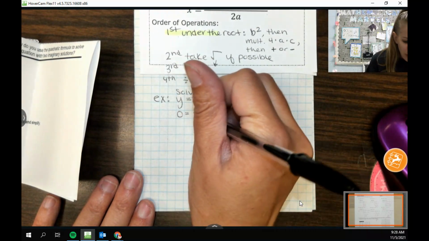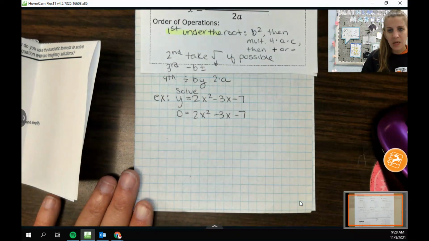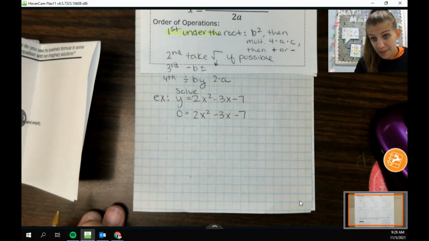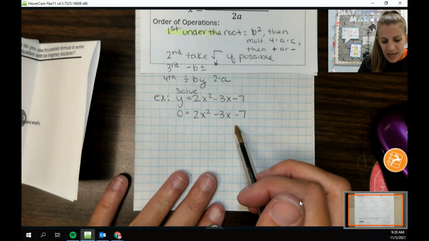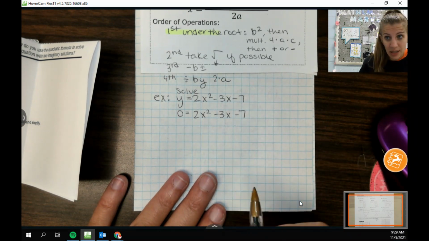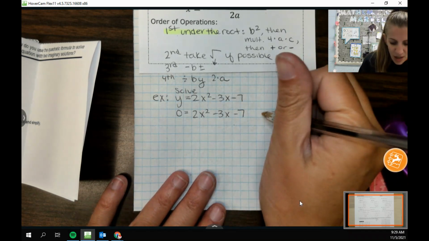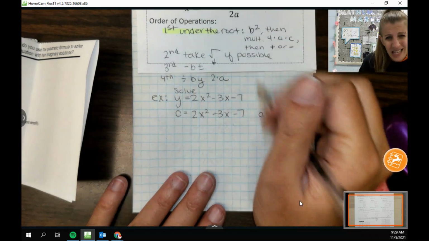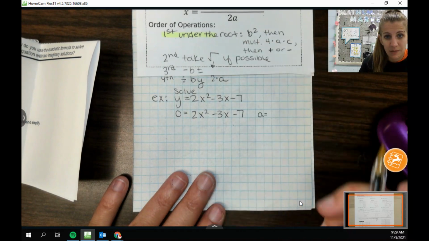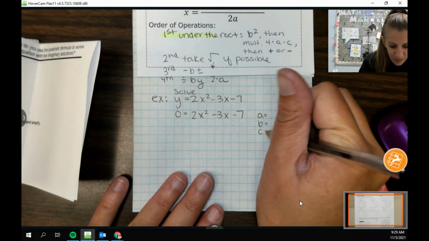We always first want to replace y with 0 because we're trying to find those x-intercepts, and that happens when y is 0. We could try to factor first, and we probably should because usually factoring is easier, but maybe we did and we couldn't do it, and we're stuck with using the quadratic formula. So in that case, we want to identify our a, b, and c.